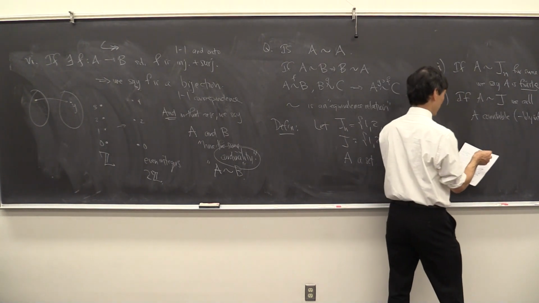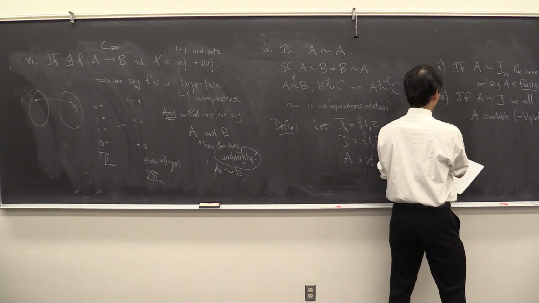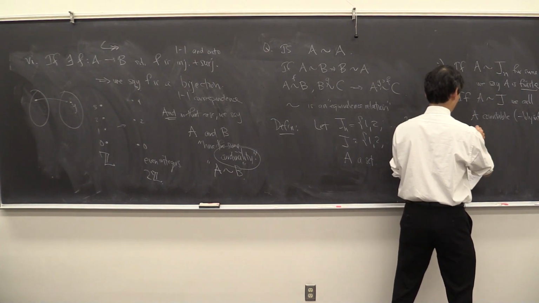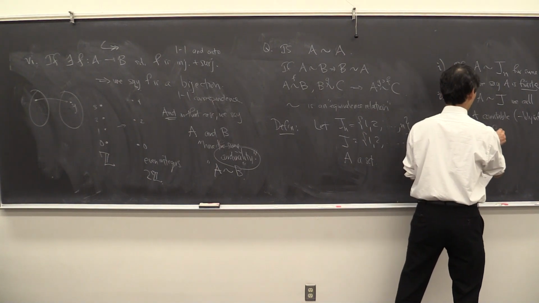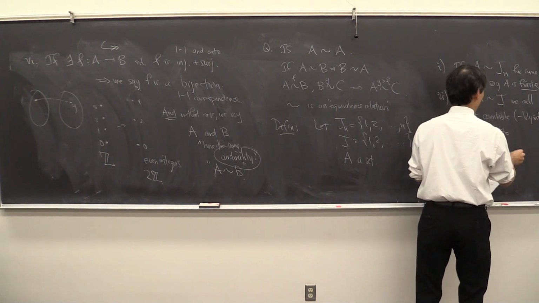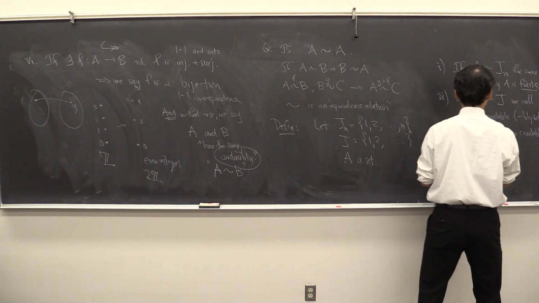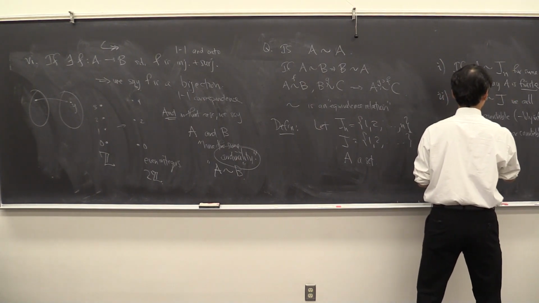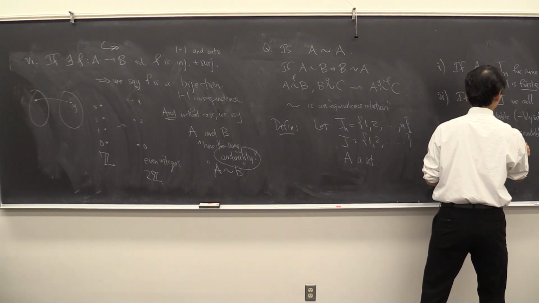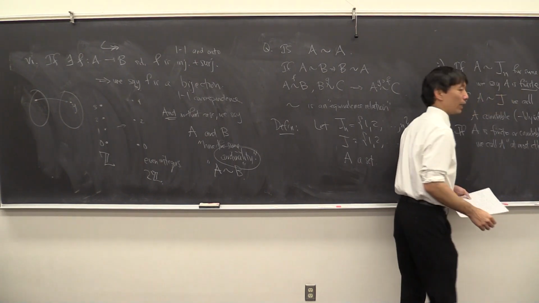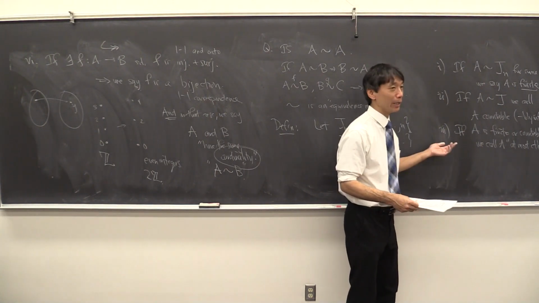Three, if A is finite or countable, we call A at most countable. So if it's finite or countable.